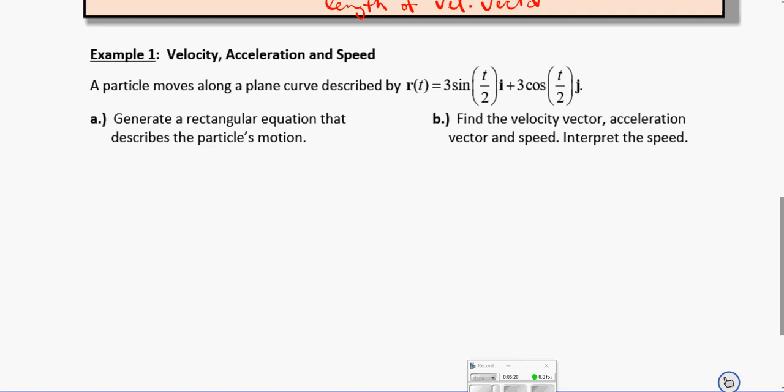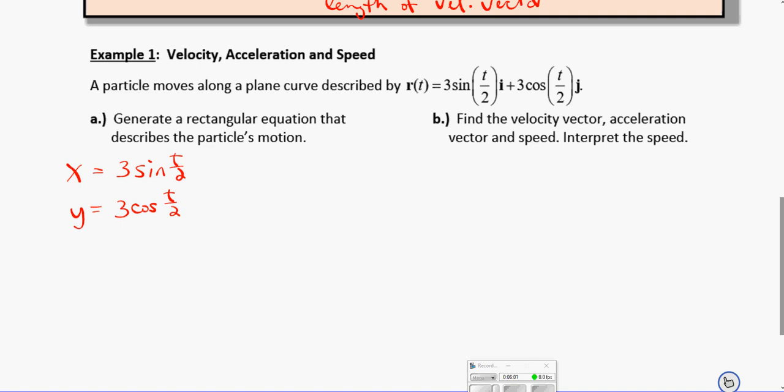All right, so we're going to go ahead and figure out what that equation is. If we know the equation of a circle, and we know this is a circle, we can kind of skip right to the answer. If we don't, we'll have to do what we did previously. I'm going to say x equals the horizontal component of the vector, and y equals the vertical component of the vector.